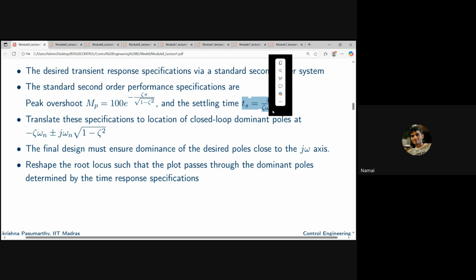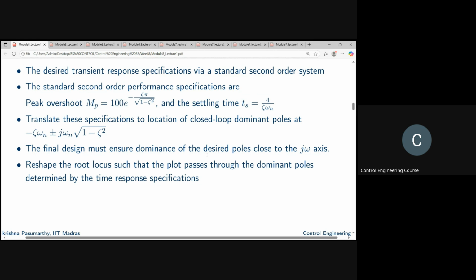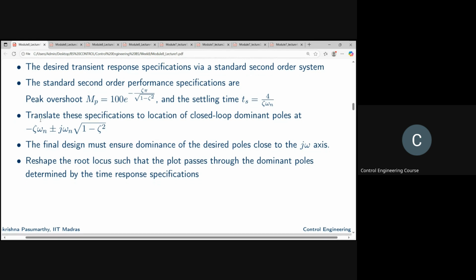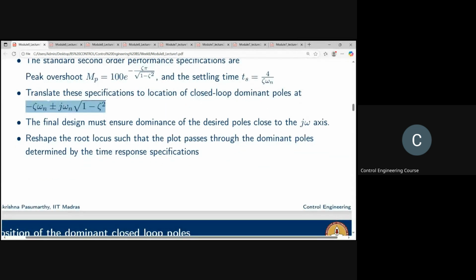Yes, sir. These are all whatever we studied in the previous classes. We are applying a lot of formulas together. So the pole location of a second order system is this. The magnitude of the complex number, equate that to omega n, because the magnitude of this is omega n.